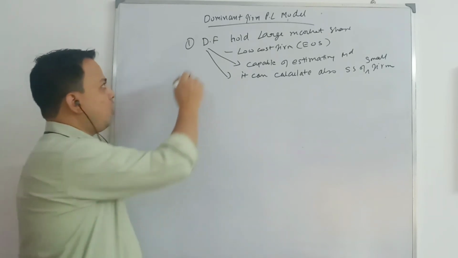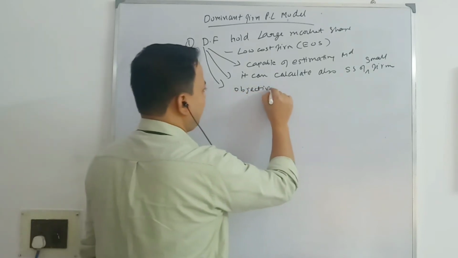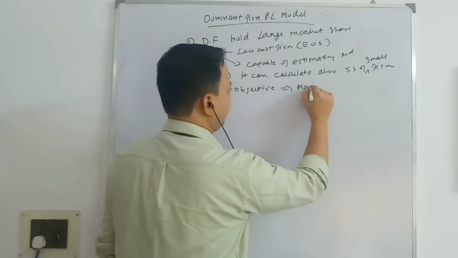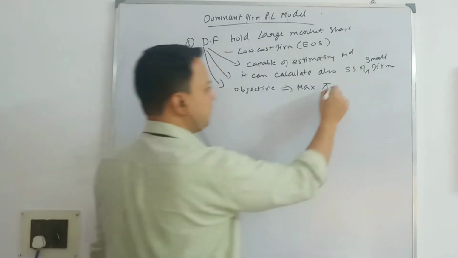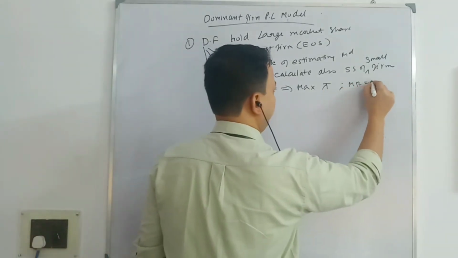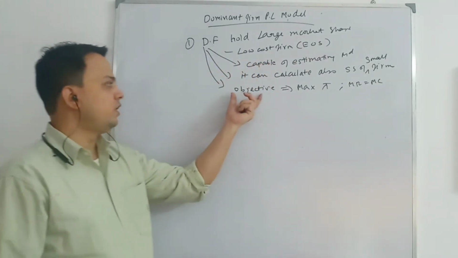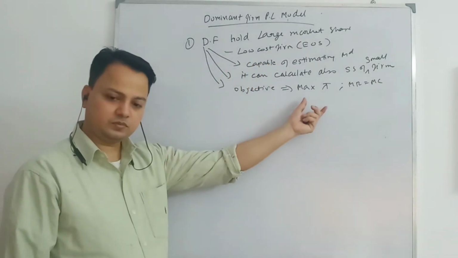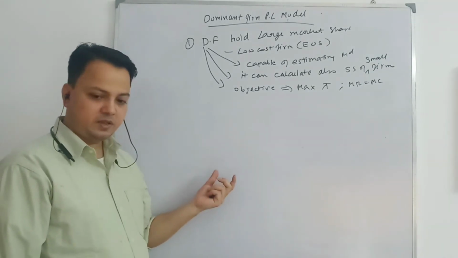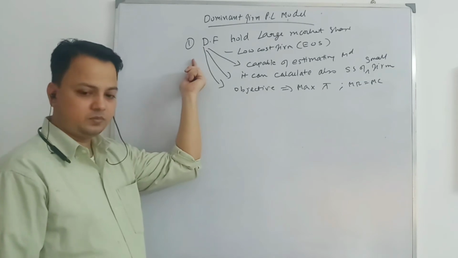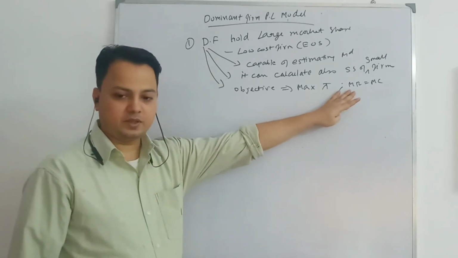The objective of this dominant firm is to maximize its profit. And what is the first order condition of profit maximization? MR equal to MC. So whatever price or output it determines, this dominant firm will determine according to its MR equal to MC condition.